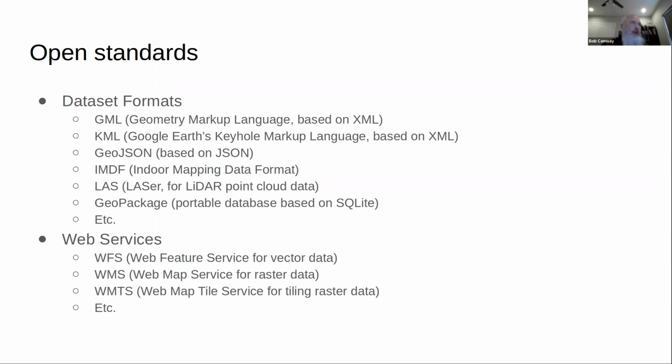KML is really meant for use with Google Earth, but it's been adopted pretty widely. IMDF is Apple's indoor mapping data format. There are also many standard web service definitions, such as Web Feature Service, Web Map Service, and Web Map Tile Service. Focusing on open standards where possible is not a bad idea, but these formats and API schemas are far from universally used or supported by the tools and APIs you may need to use for all your integration requirements.